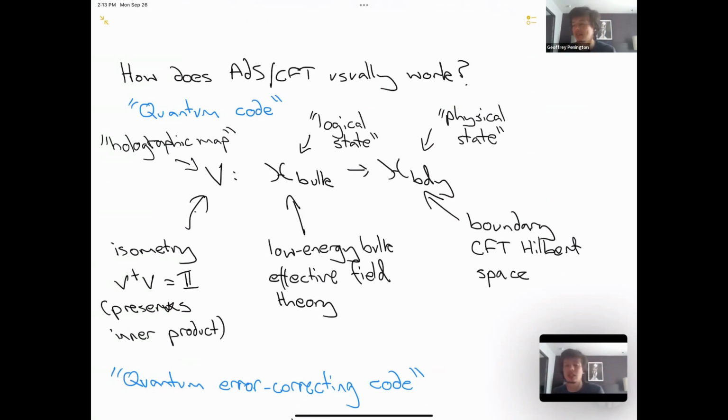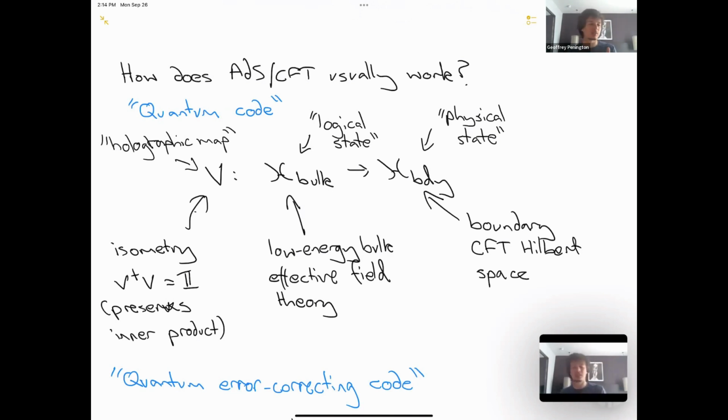Well, I mean that we have a set of states that are called H_bulk, the bulk effective field theory Hilbert space, that is basically the Hilbert space of low energy bulk quantum field theory modes in this fixed geometrical background. Okay. And then there's the so-called holographic map V that tells you how those states get related to boundary CFT states, specifically low energy boundary CFT states.